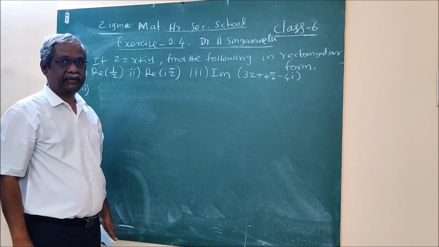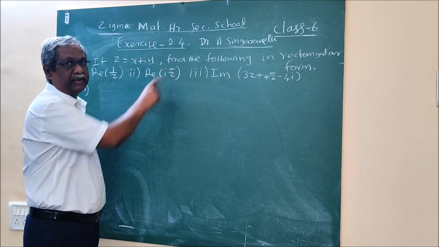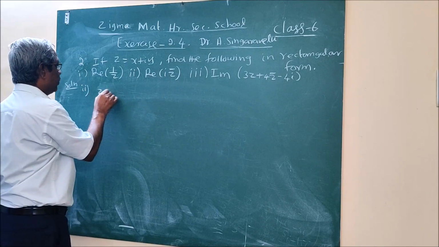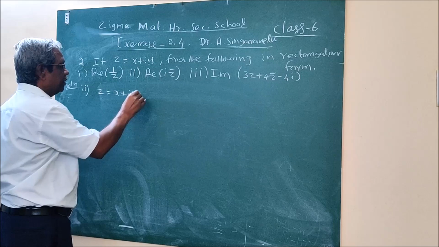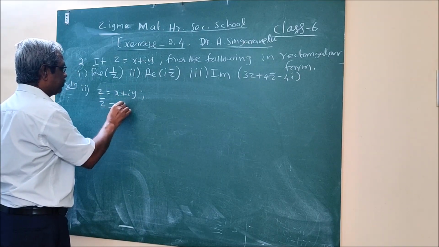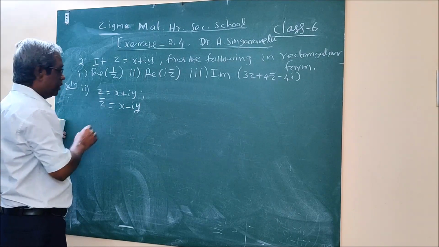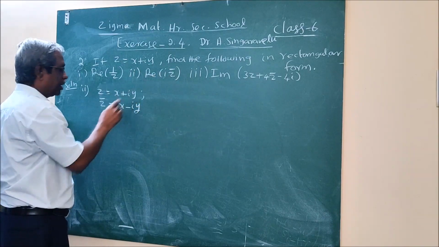Okay. Next is the second sum, real of i z bar. Z bar is the conjugate of z. Z is x plus iy, as given, so z bar is the conjugate of x plus iy, which is x minus iy. We need the real part of i z bar.